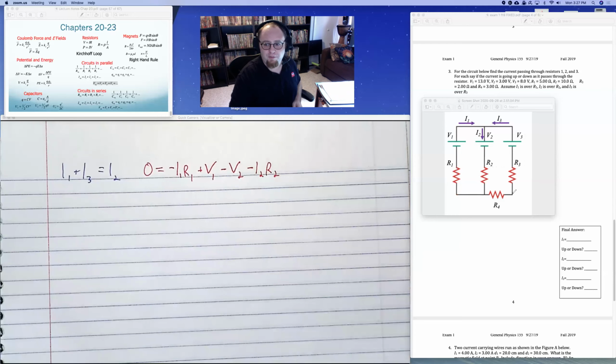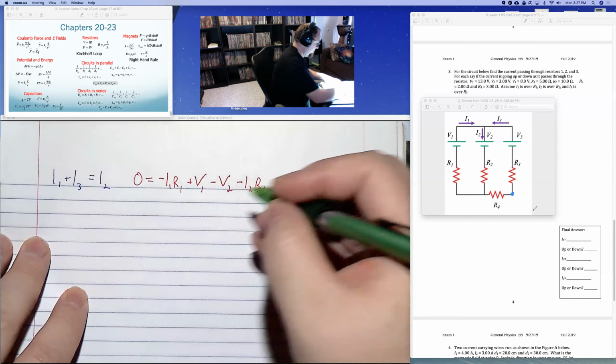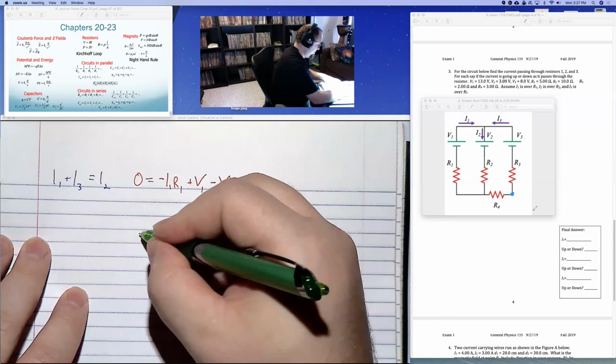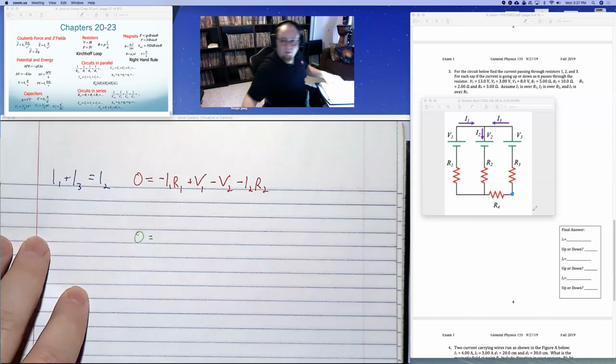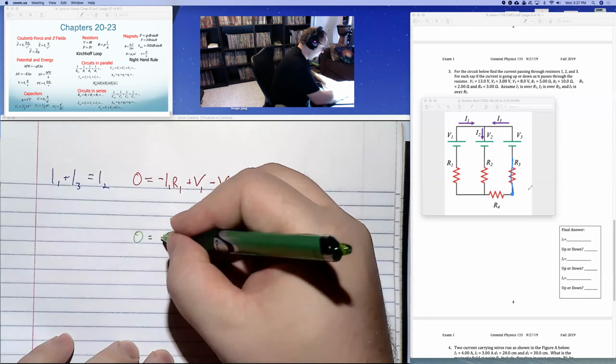For my second loop, I'm going to do the right-hand side. I'm going to start here, go up, and then down the middle. We'll use green, and I'm just going to give myself some space and do it down here. So I'm going to start here and make my way up. I go over resistor 3 in the same direction of the current.